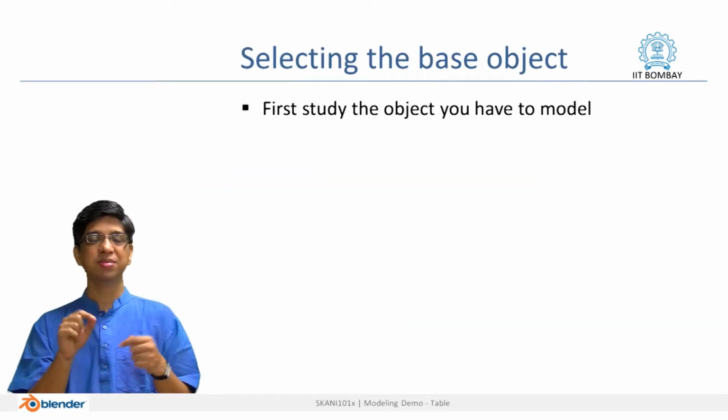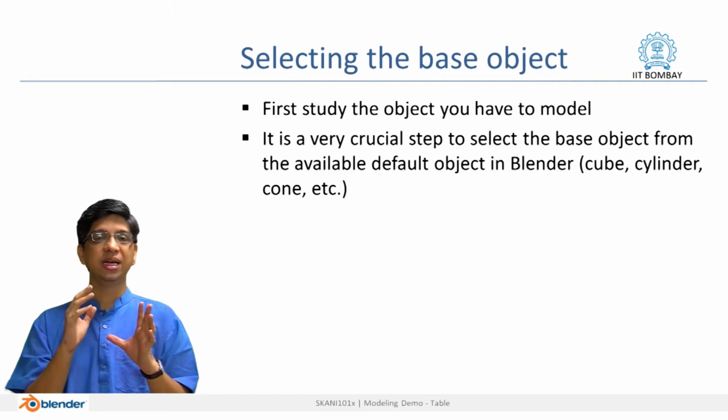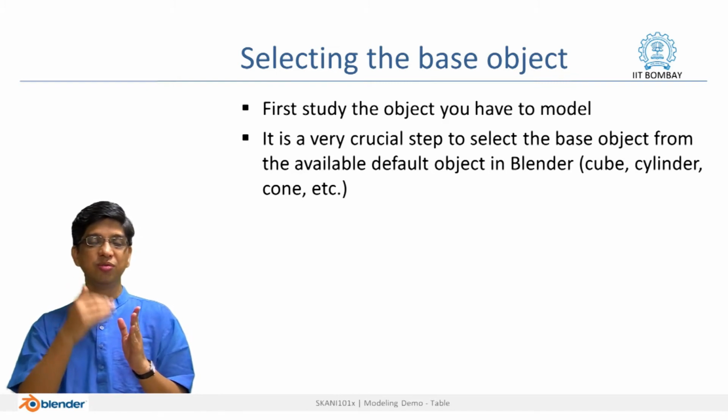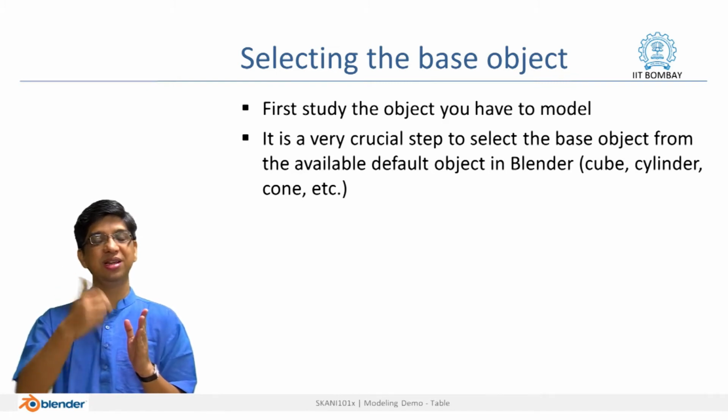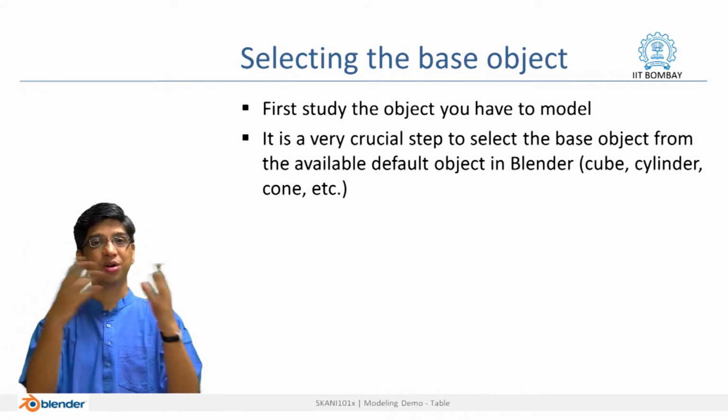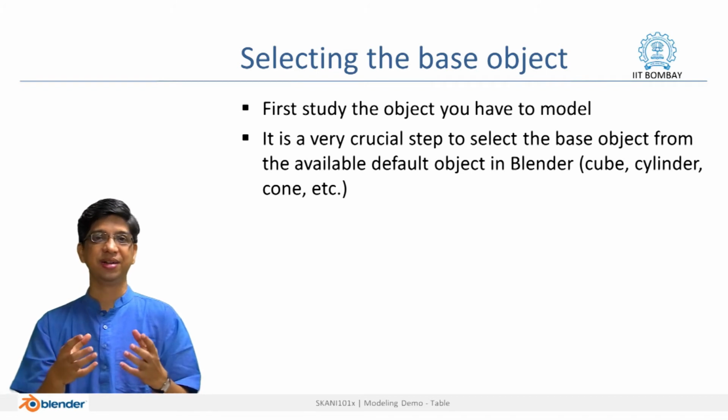Selecting the base object becomes a crucial step, and it helps in getting to the final object faster. The moment you goof up in the selection of the base object, the repercussions may be that you end up wasting a lot of time in coming to the final state.